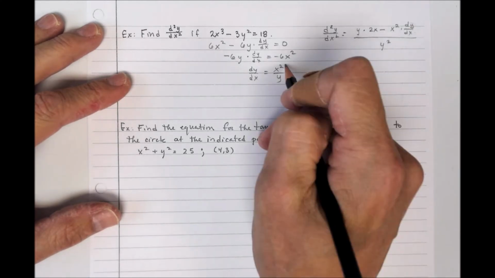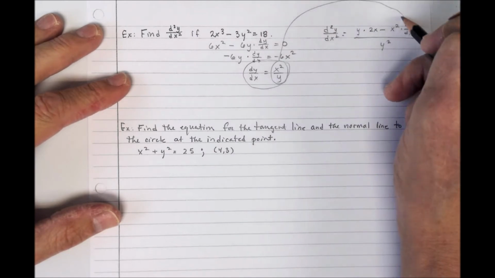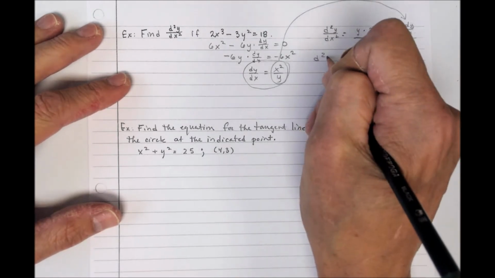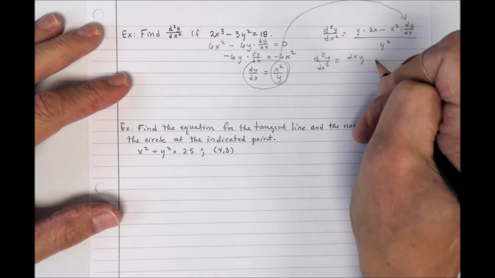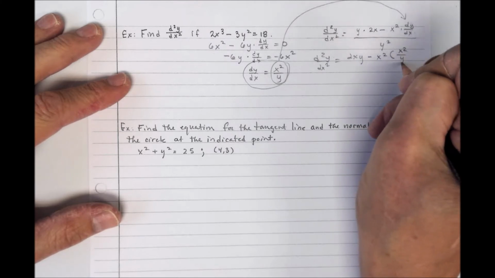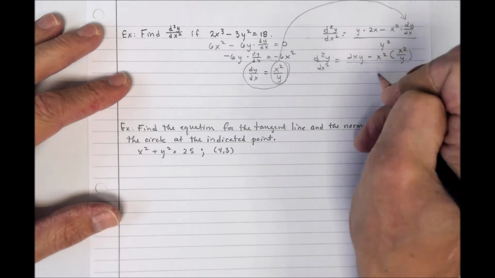If I only knew what the first derivative was, then perhaps I could substitute in for it, and that's exactly what I'm going to do. So my second derivative is equal to 2xy minus x squared times x squared over y, all over y squared.